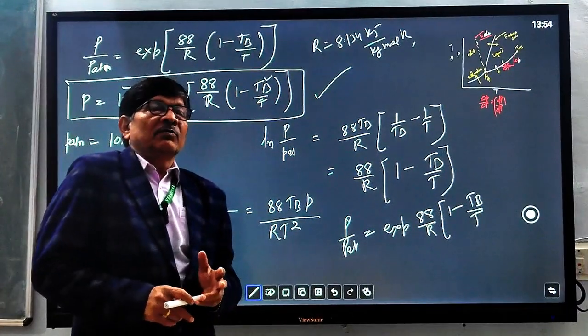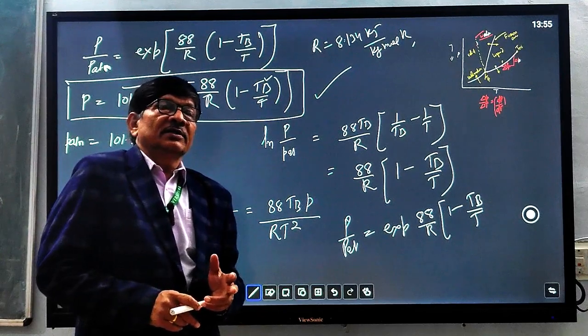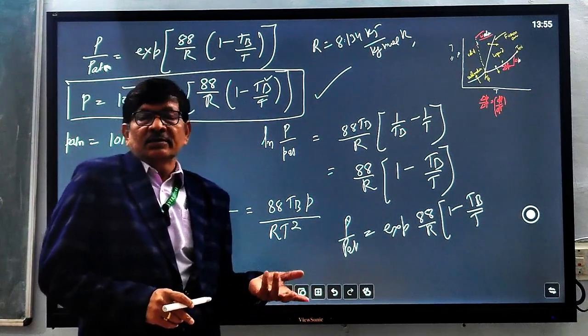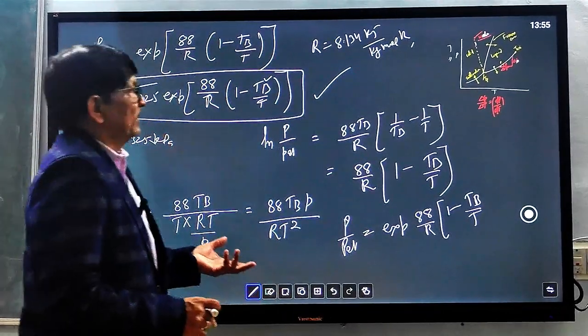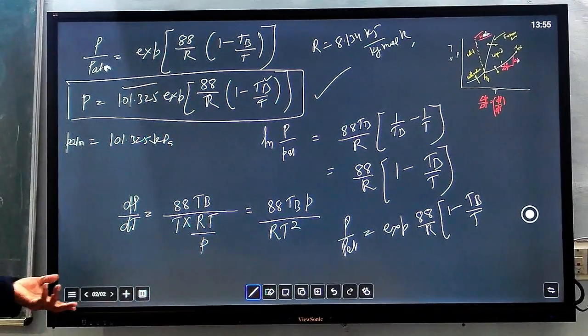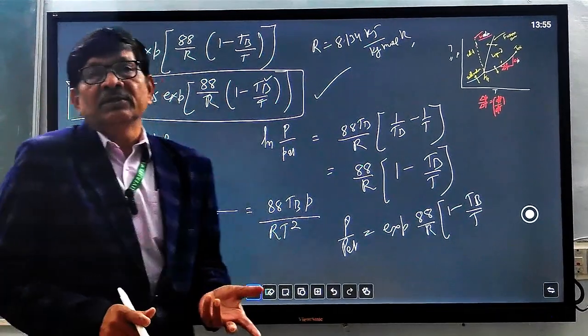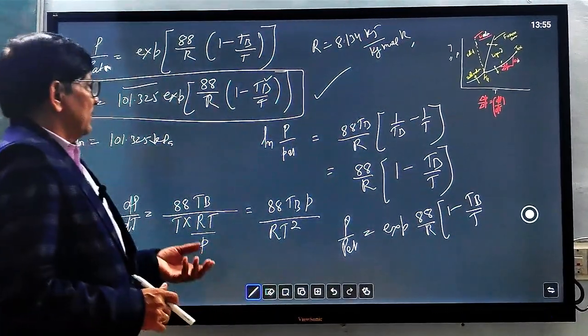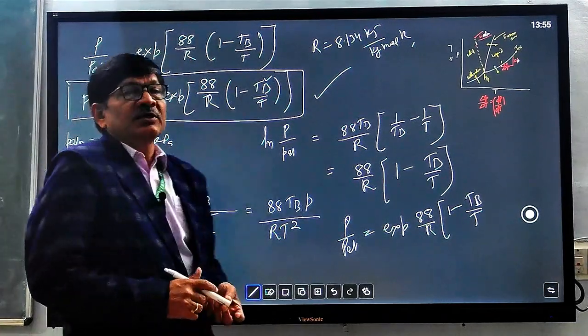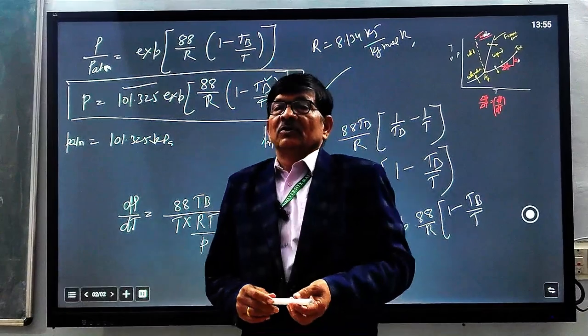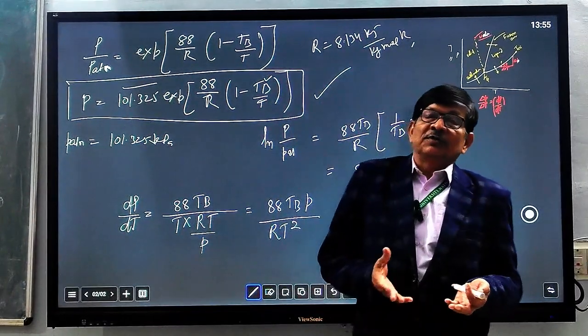It depends upon the latent heat of vaporization, latent heat of fusion, or latent heat of sublimation. So this equation is very useful in defining phase transformation properties, how properties change during phase transformation.